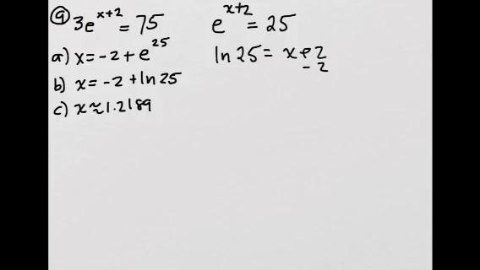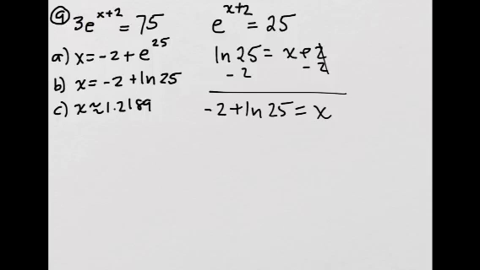So now I subtract 2, and remember, it's not 25 minus 2, okay? So to avoid that, I just put the negative in the front, so minus 2 plus natural log of 25 equals x.